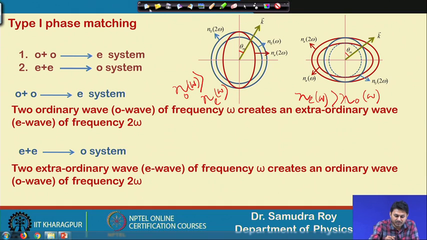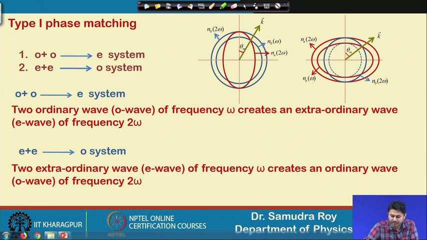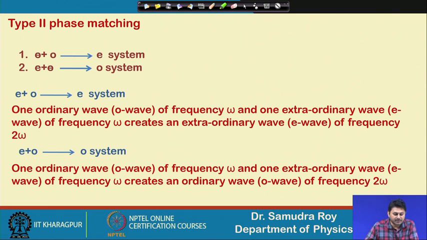Apart from that, there is a possibility that we can combine these things. That means instead of two ordinary waves, if you see carefully here, we have one extraordinary wave and one ordinary wave that can generate one extraordinary wave.